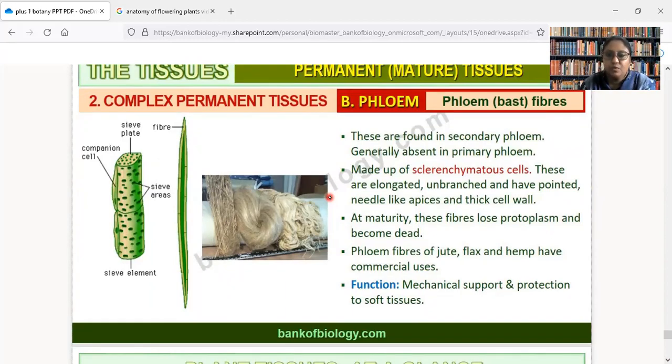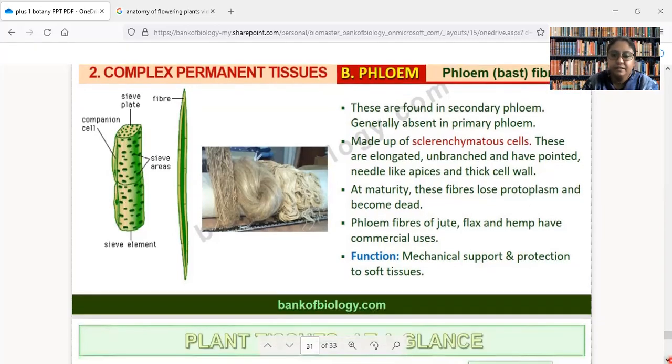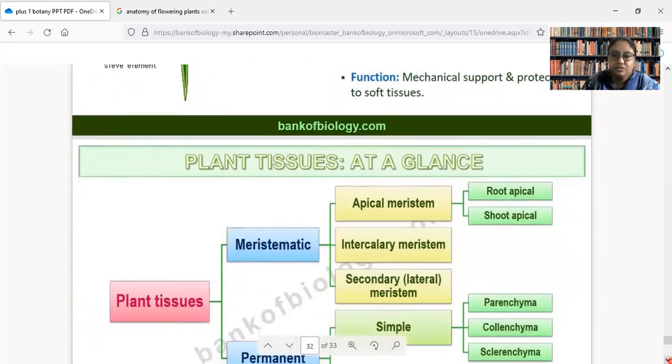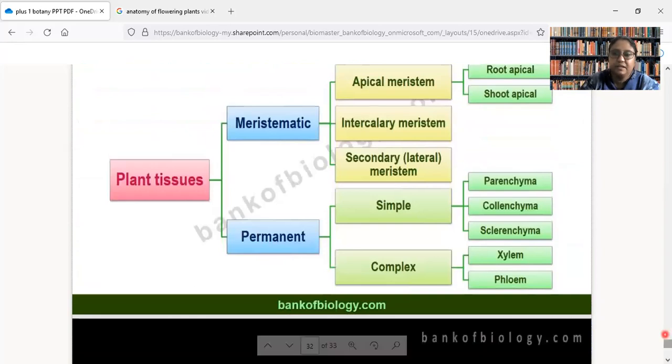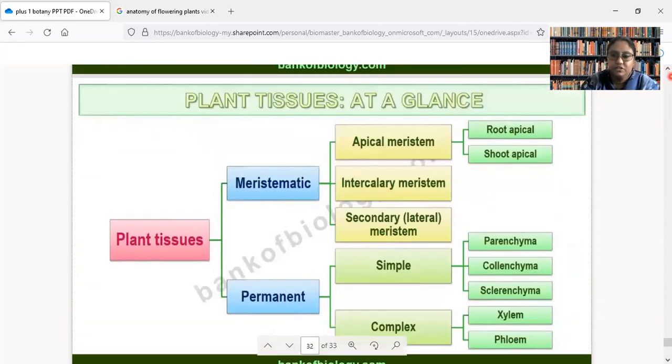At maturity they lose their protoplasm and become dead. From the jute plant we obtain fiber. This is nothing but phloem fiber. Its main role is mechanical support. So this is the tissue structure at a glance.